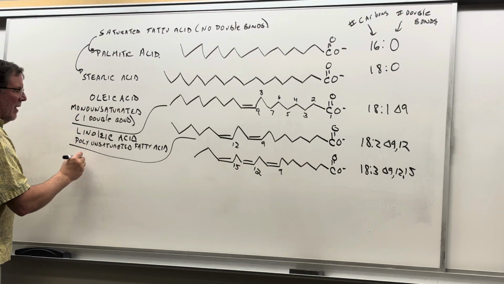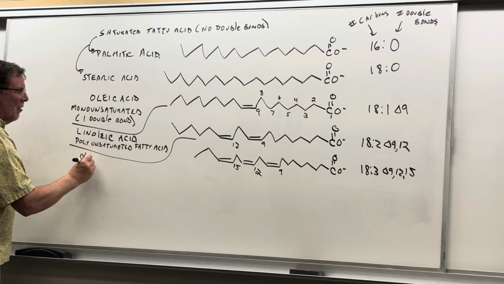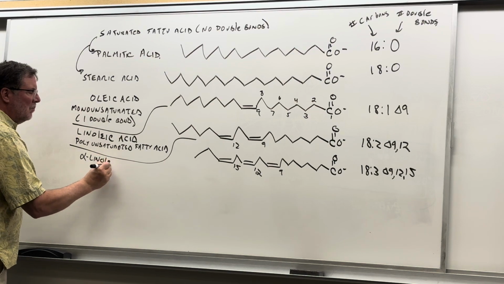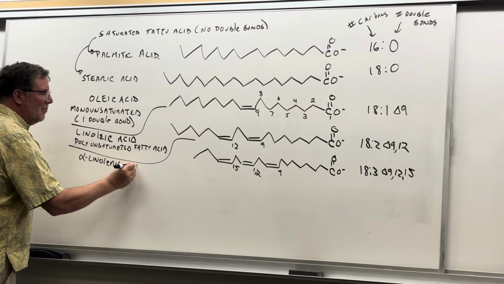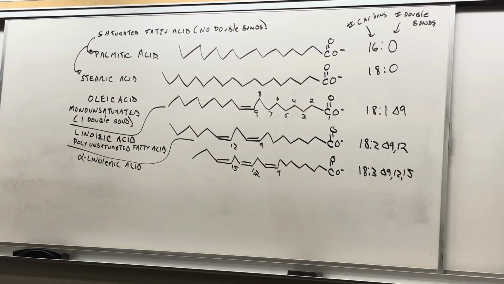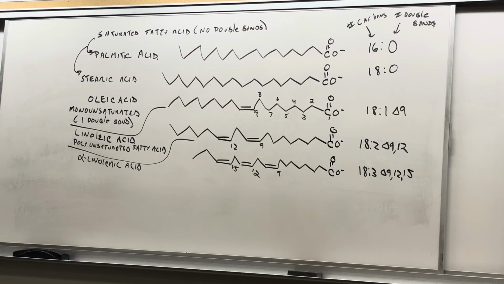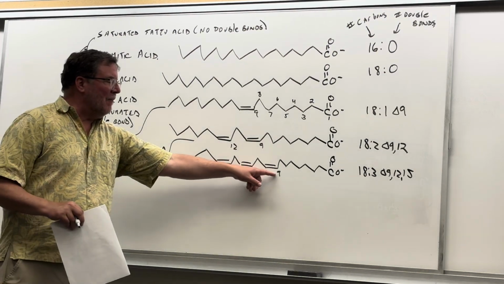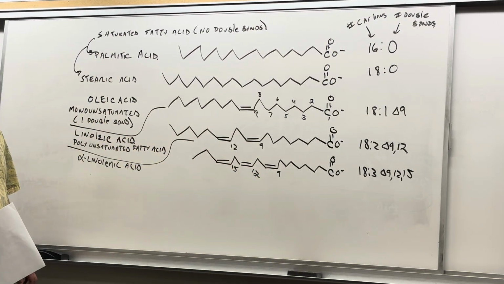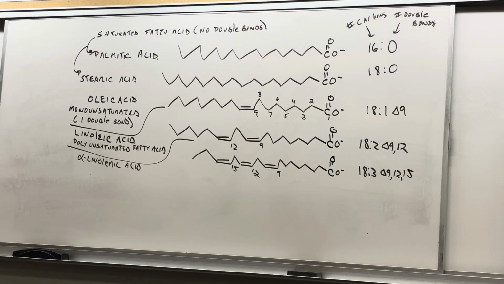So this one is alpha linolenic acid. Linolenic acid refers to having the 3 double bonds, and the alpha refers specifically to double bonds at those positions. There are others, like beta and gamma linolenic acid, that have double bonds in different positions, but this is alpha linolenic acid.